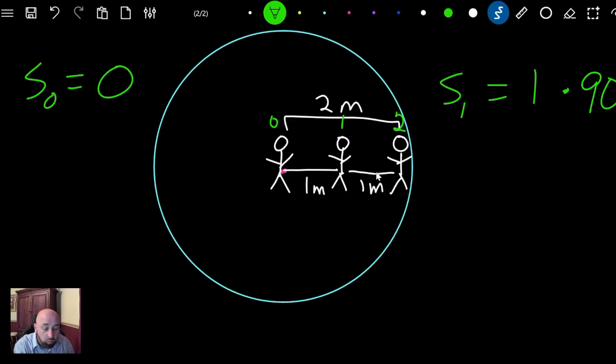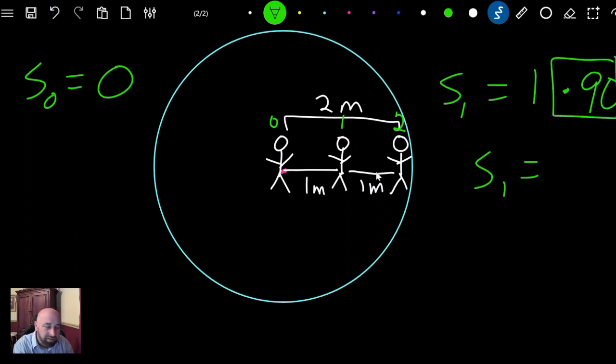Okay, so we have to do 1 times 90 degrees, or in other words, person 1 meter, the person at 1 meter out travels what? Well, they travel, and you say 1 times 90, so they travel 90. No. We have a problem.